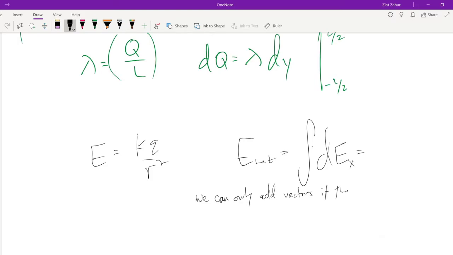I shouldn't say add vectors, of course you can add vectors that point in different directions. I should say we can only integrate if the vectors point in the same direction.